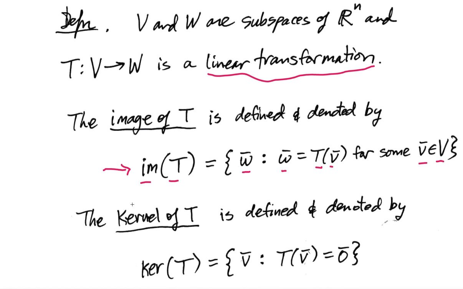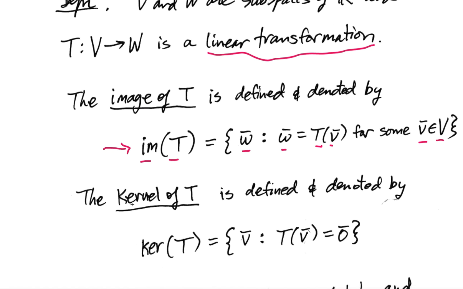All right. How about the kernel? The kernel of T, that's K-E-R-N-E-L, kernel. The kernel of T is defined and denoted in the following way, Ker of T, so that's the way your book does it anyways.